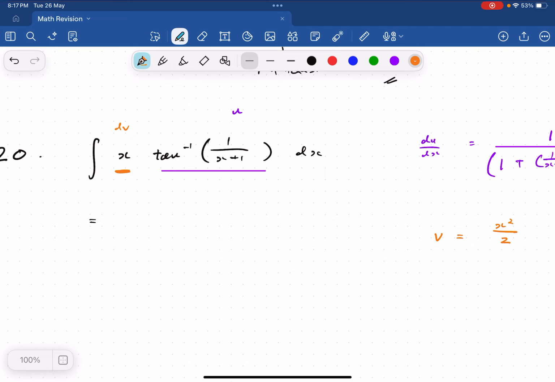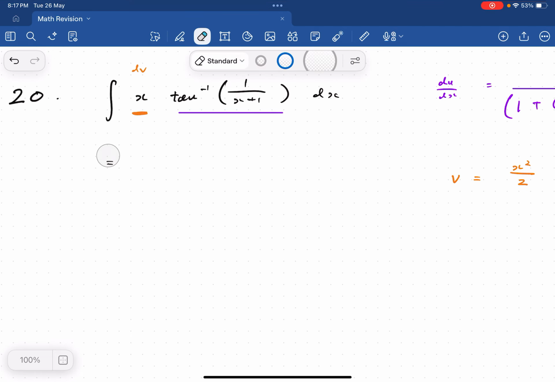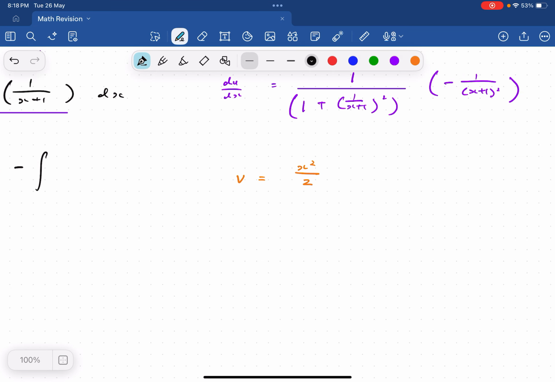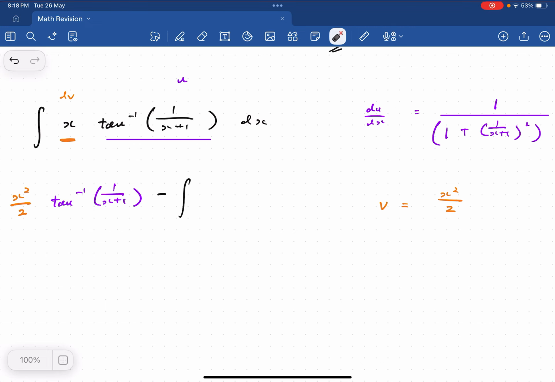So I hope you see the vision. Let us integrate. So I sub in v, u, minus this abomination of an expression, which I can tidy up.